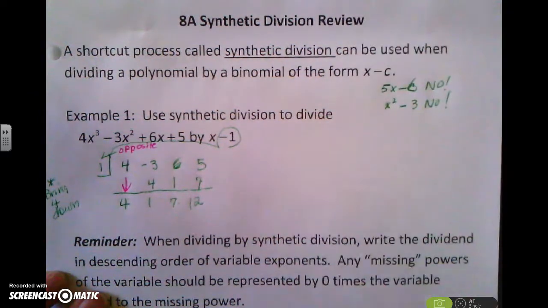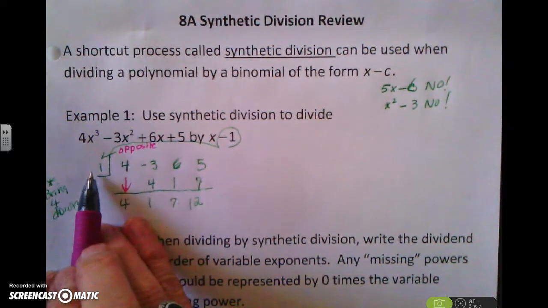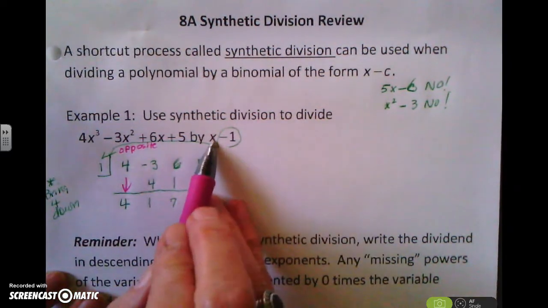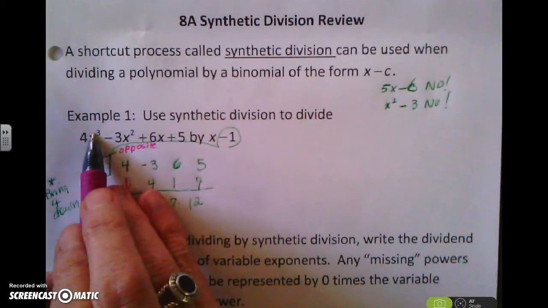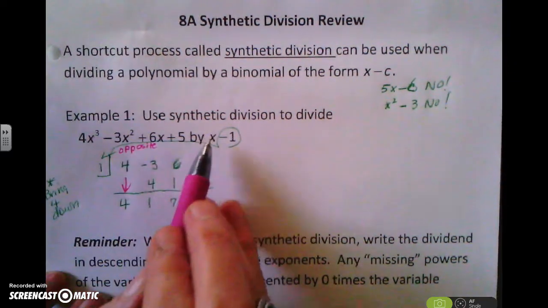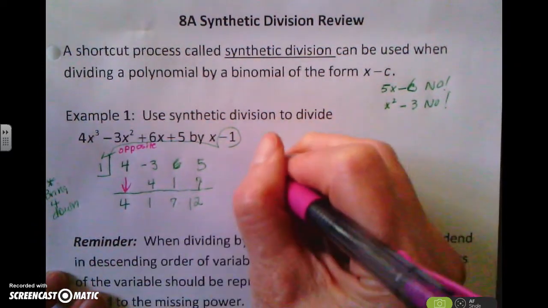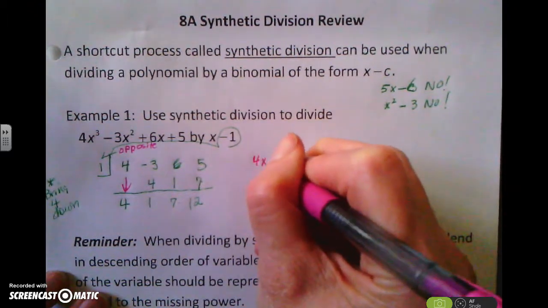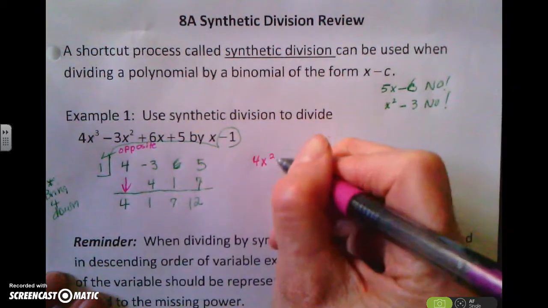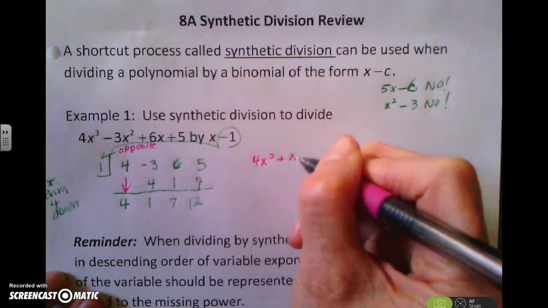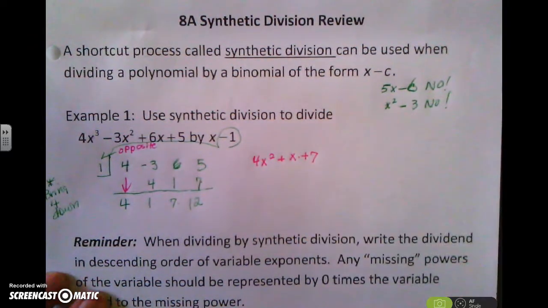All right, so notice the original problem started with 4x cubed. If I divided it by an x, my answer is going to be in terms of x squared instead. So I'm dividing out 1x, so this is going to drop down to an x squared. So my answer is going to be 4x squared from this 4, then plus 1x, so just plus x, and then plus 7.